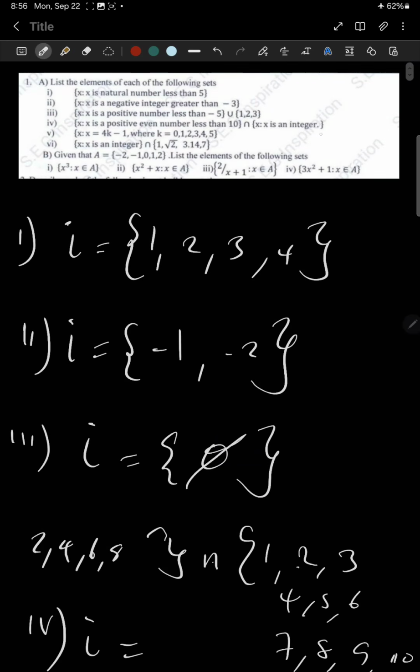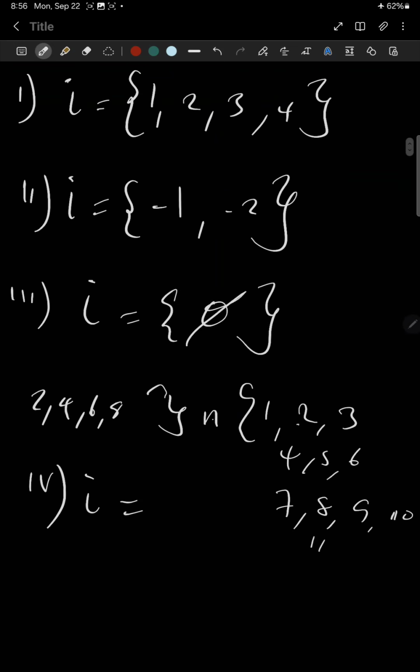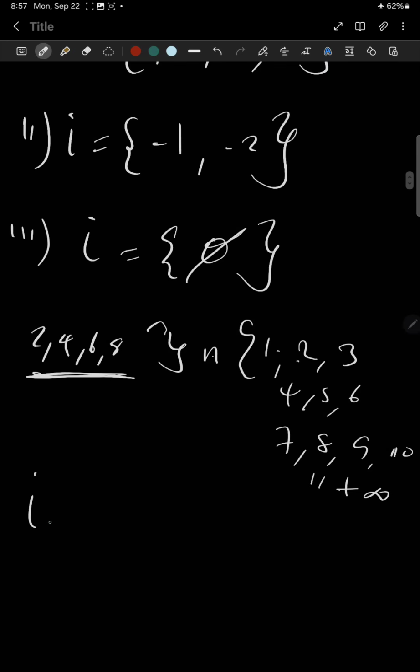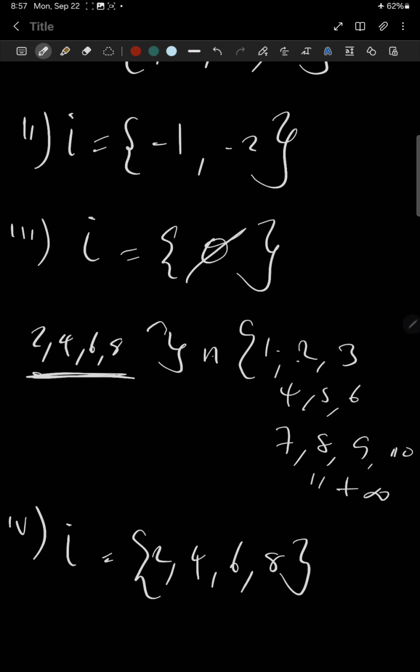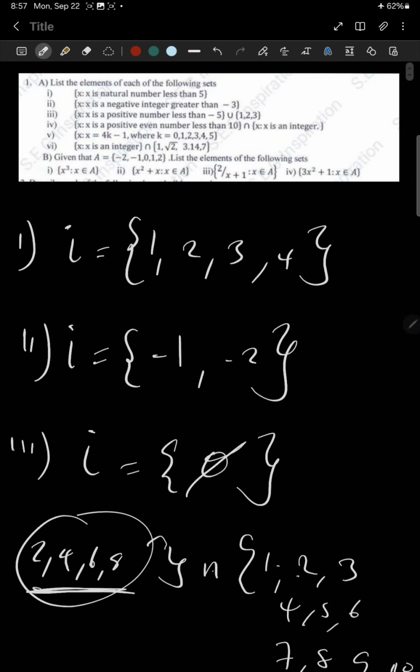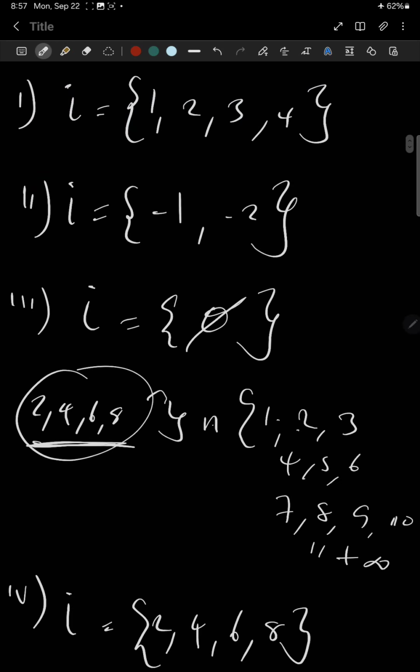There's an intersection with integers there. So what is the answer? So I've listed it for you now. The answer will be I is equal to 2, of course, 4, 6, and 8. That will be the answer.